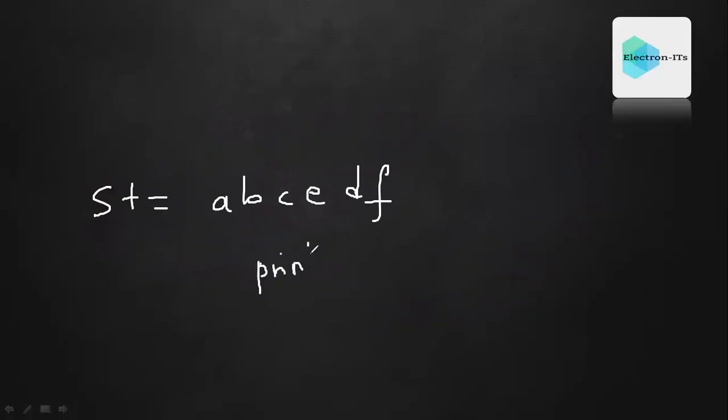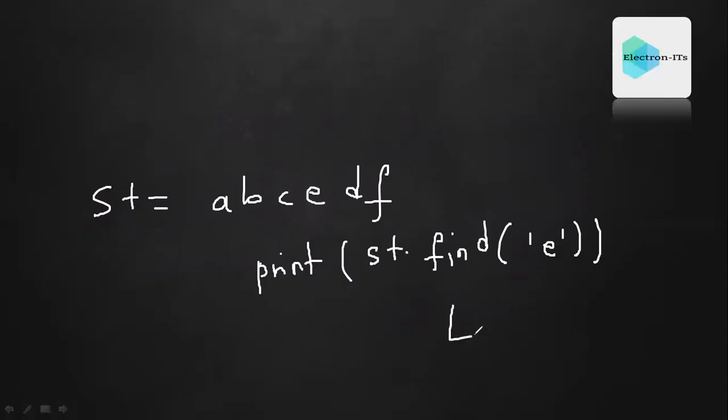So print st dot find, and I will use that letter. Suppose I want to search for E, I will write E there. So if it is present, it will generate the number of that particular letter.